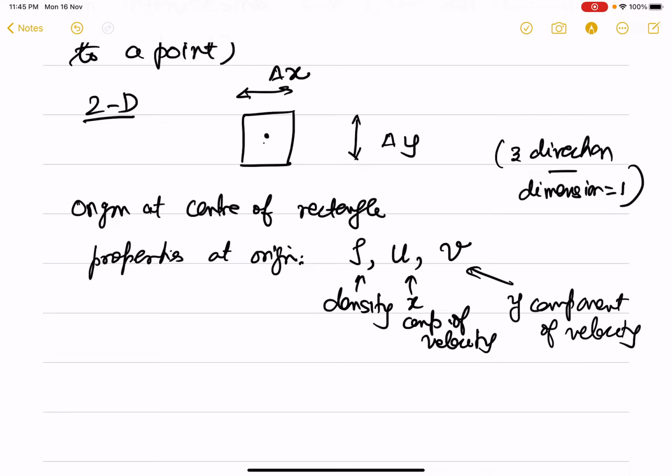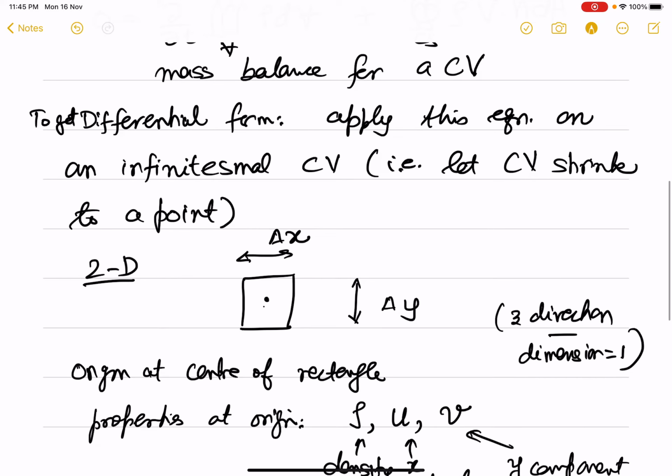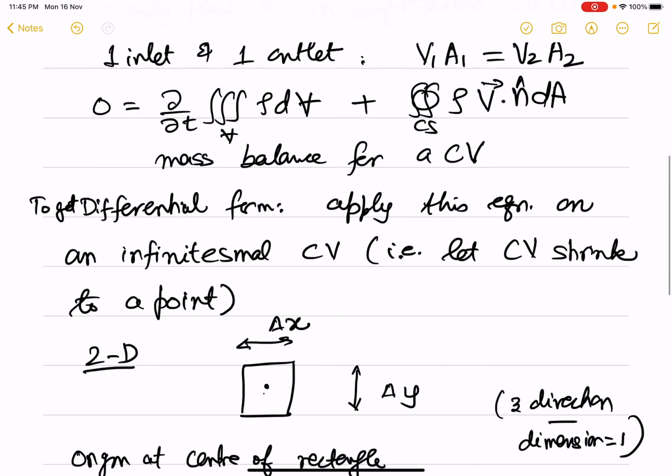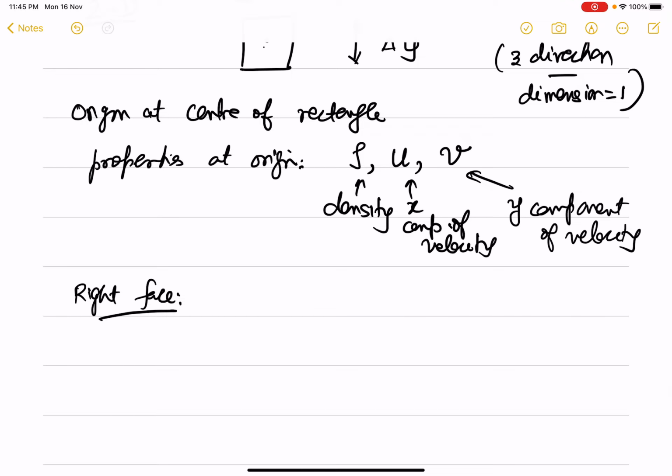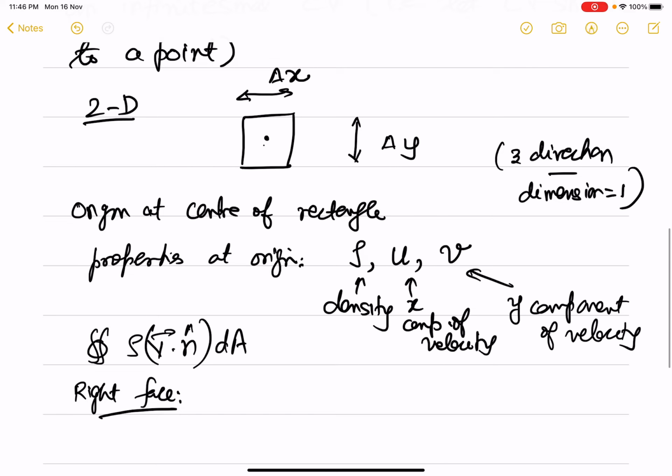So now on the right face, when we apply this equation, let's first look at the integral rho v dot n dA. To calculate this, we have to go around the control volume on the surface. So there are four faces. First we look at the right face.